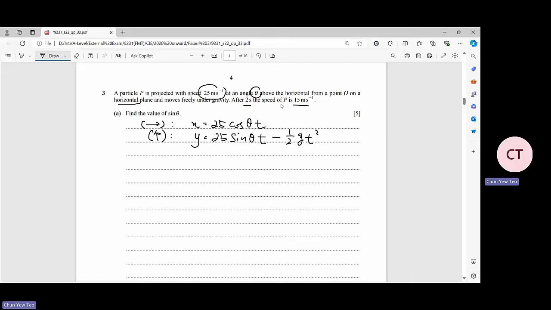So they are talking about the speed when the time is 2 seconds. So we need to find dx/dt and dy/dt. The dx/dt is 25 cos theta. The dy/dt is 25 sin theta minus gt.